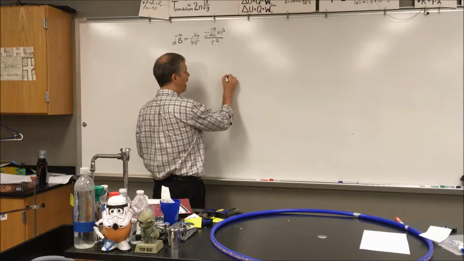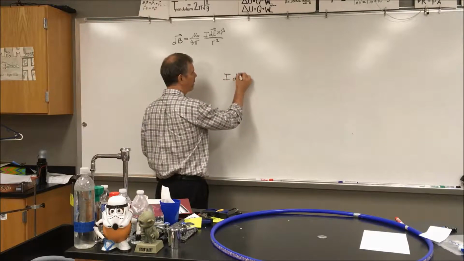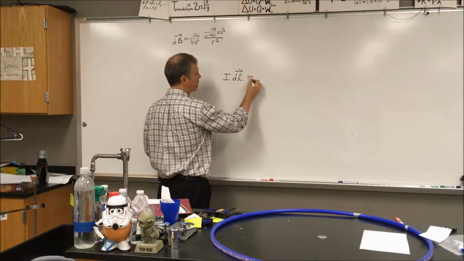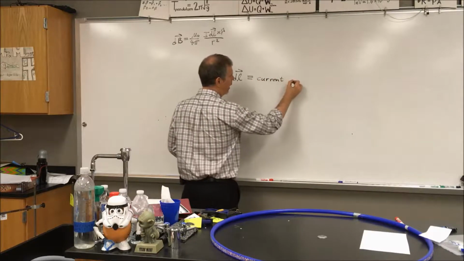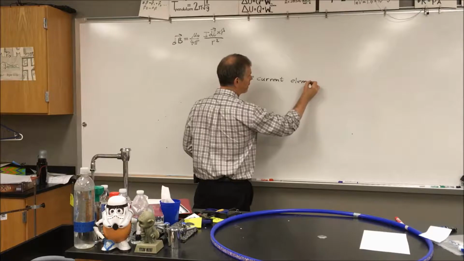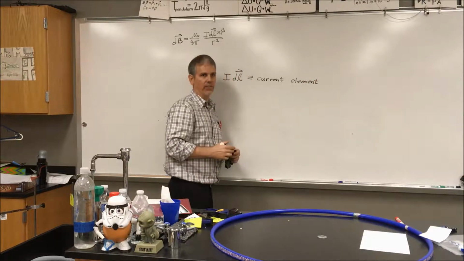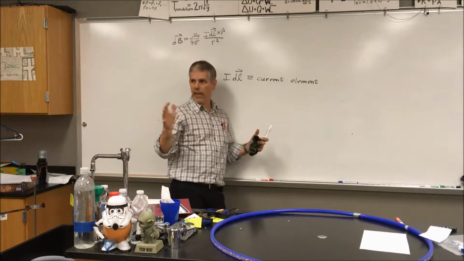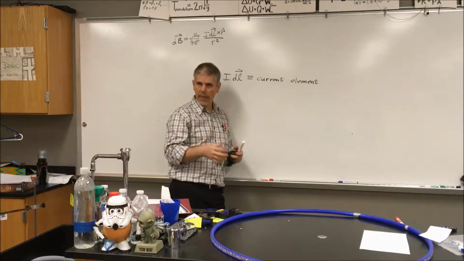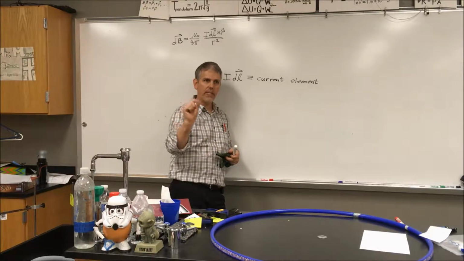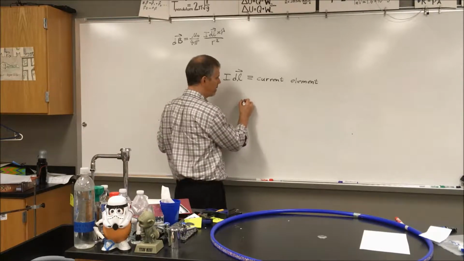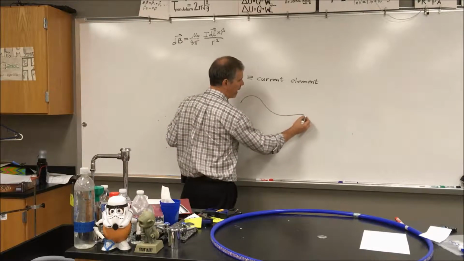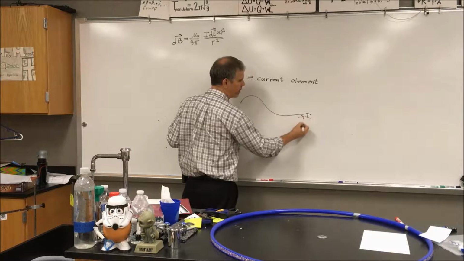This thing, I dl, is defined as a current element. Now, remember how an element is a piece of something. Like you have the basic elements that make up all of nature. A current element is a piece of a wire that has current in it. So if I were to take this to be my wire, and it has current flowing through it this direction.